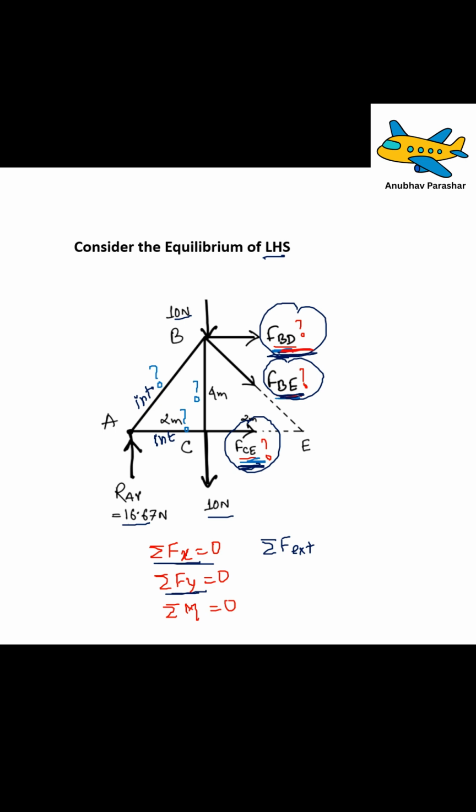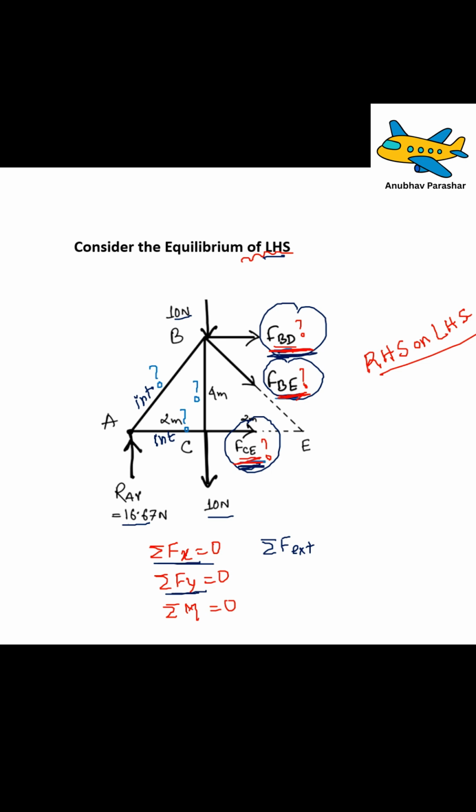These are the forces which are applied by the right hand section on the left hand section. Now you have to understand that when you are considering the equilibrium of only the left hand side, the right hand side becomes external. So these are the forces FBD, FBE, FCE. These are the forces by the right hand side on the left hand side.